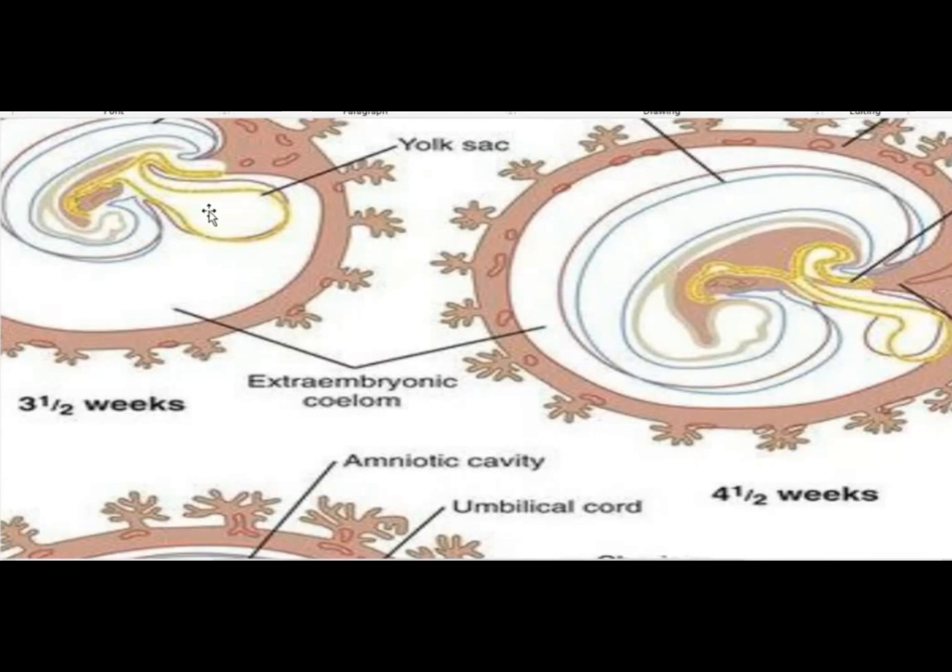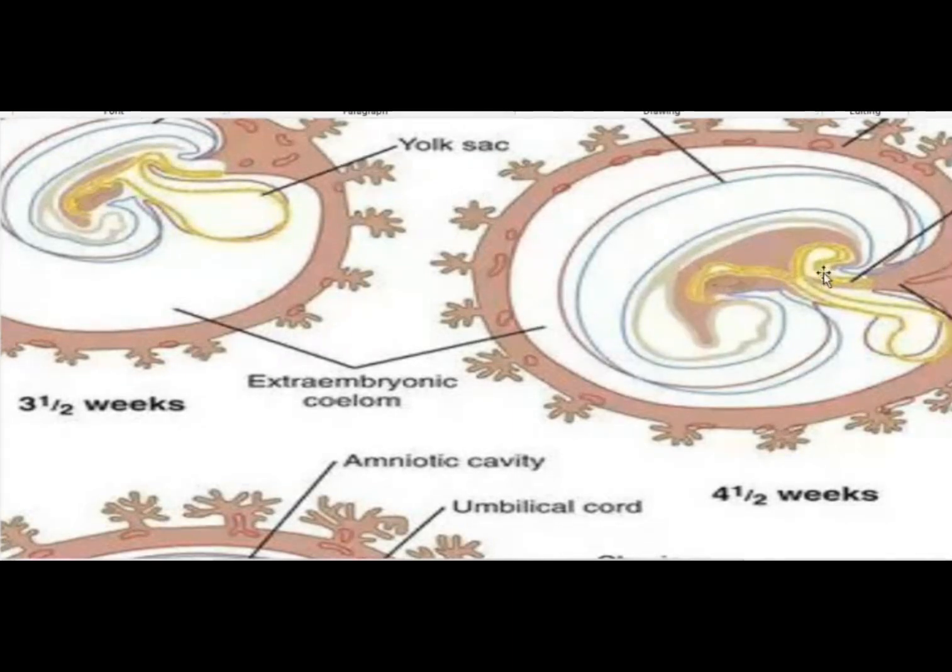You can also see it here. This is the yolk sac forming the gut, and part of it protrudes into the connecting stalk. So this part of the yolk sac or hindgut, which protrudes into the connecting stalk, is known as the allantois. This is another fetal membrane.